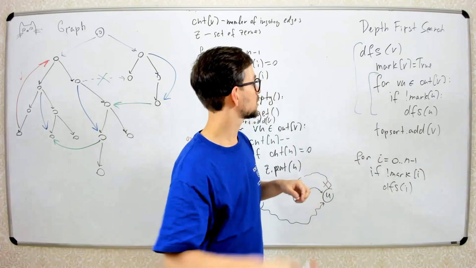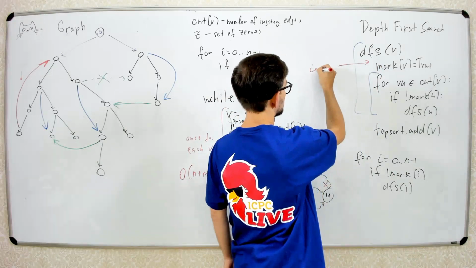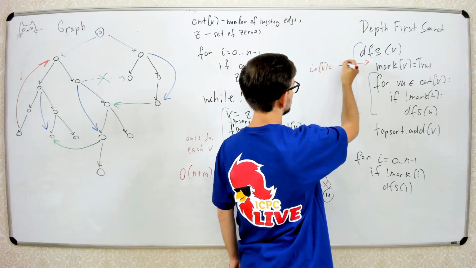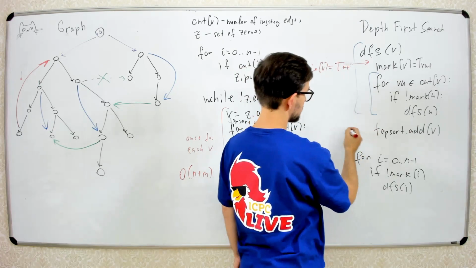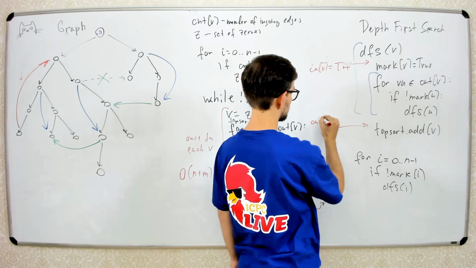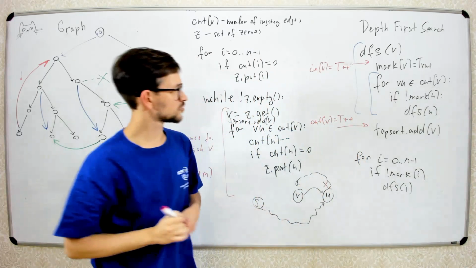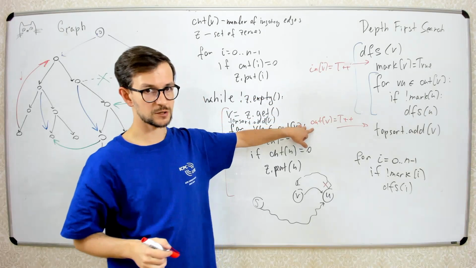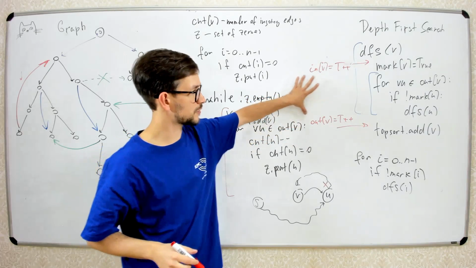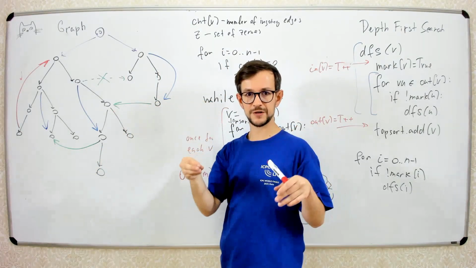Basically here you say in of v equals t++, and here you say out of v equals t++. So remember the time when you enter the node and the time when you exit the node. If you remember these two things, you can see the relations between these two nodes in this depth first search tree.